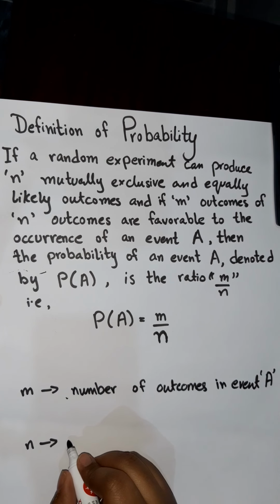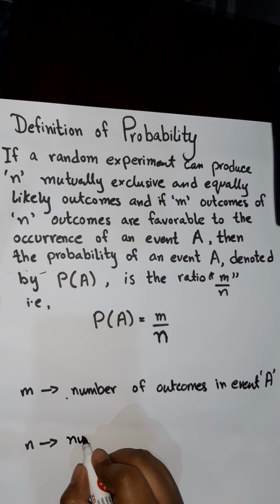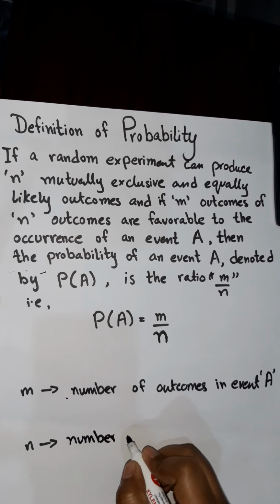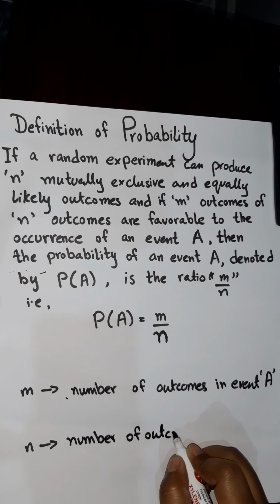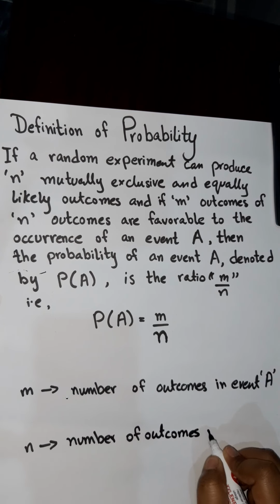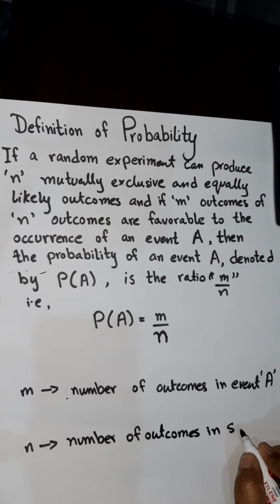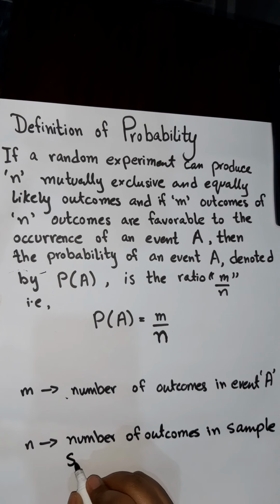And n is the total number of outcomes in our sample space.